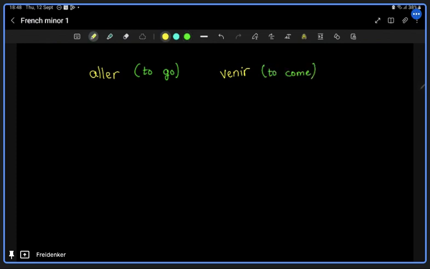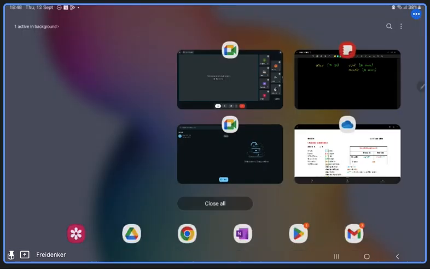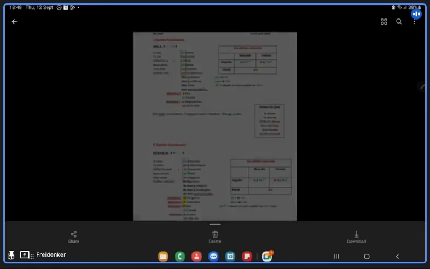And revenir means to return or to come back or whatever. So here you'll have to look at the conjugations. Are the conjugations given? Yes, we have some conjugation.